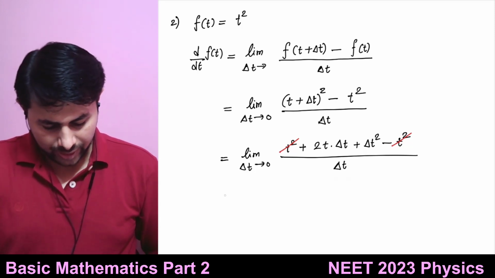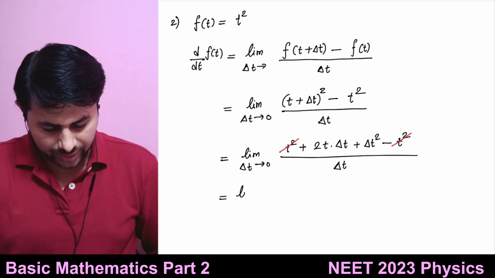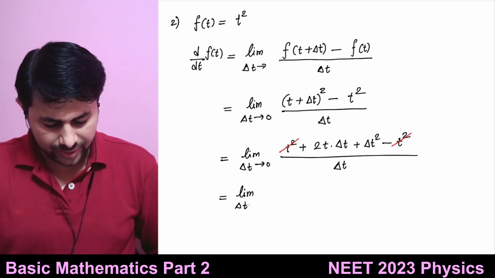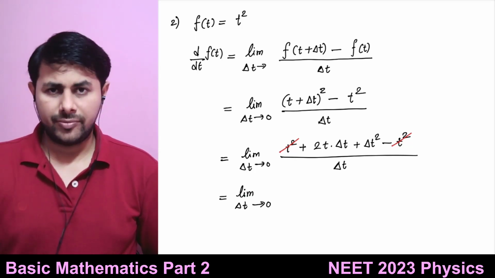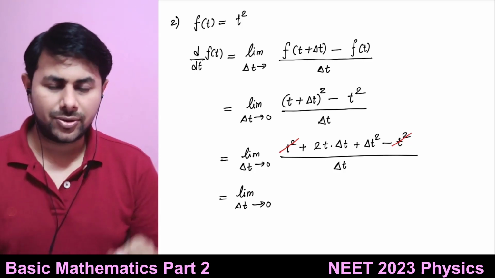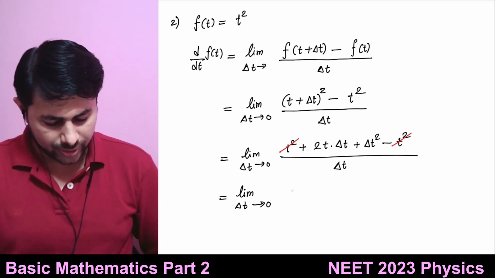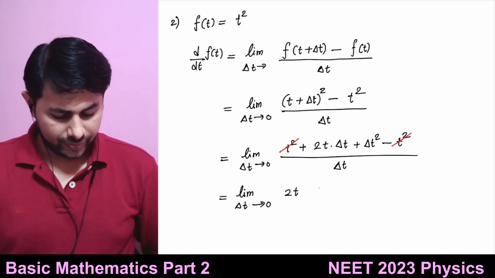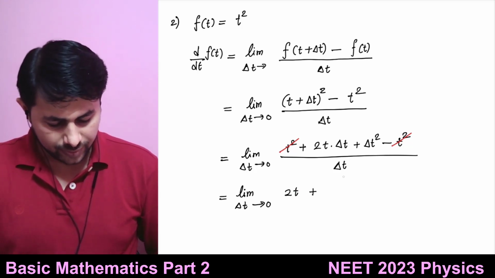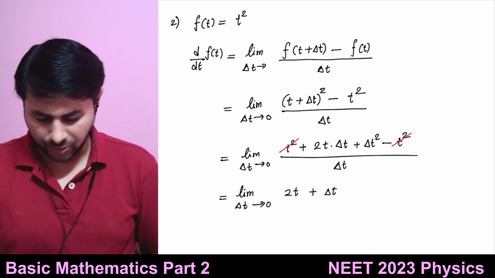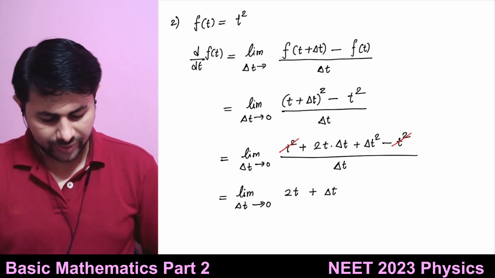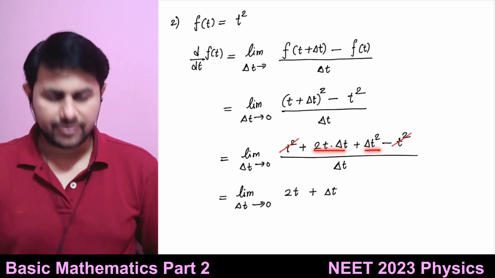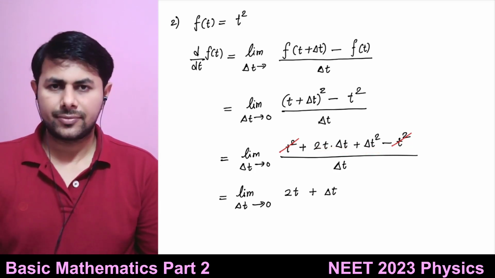So I'm left with limit delta t tends to 0, meaning delta t approaches almost 0, of 2 times t into 1 is 2 times t plus delta t. So what I have done here is just divided this thing and this thing by delta t.